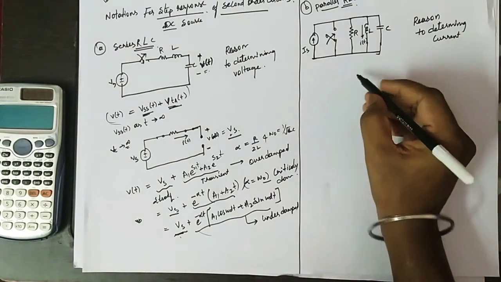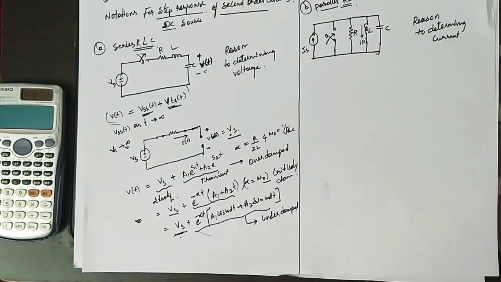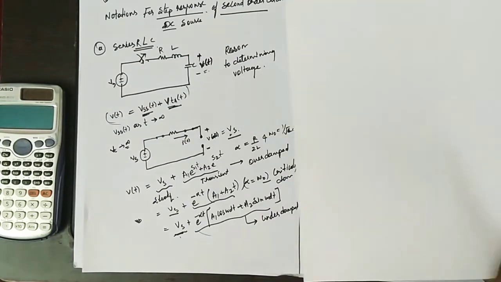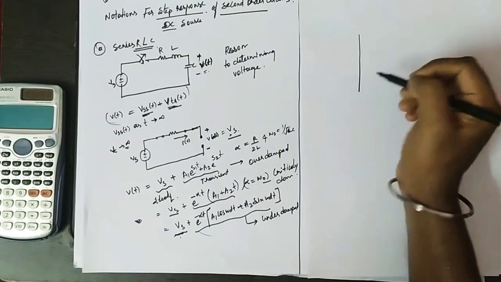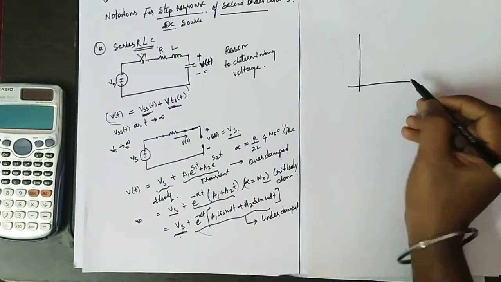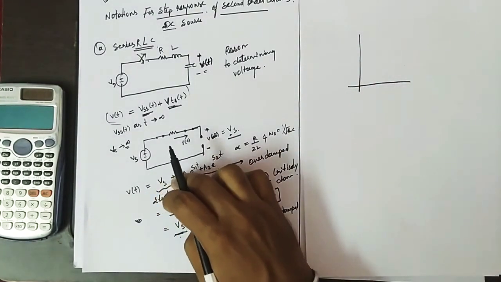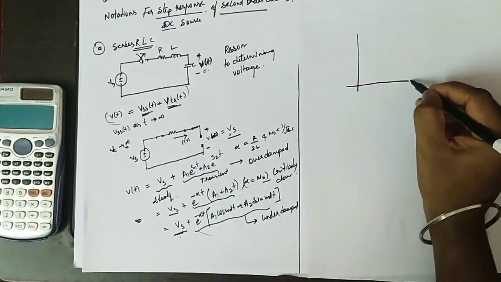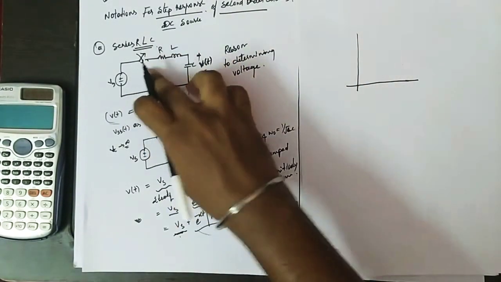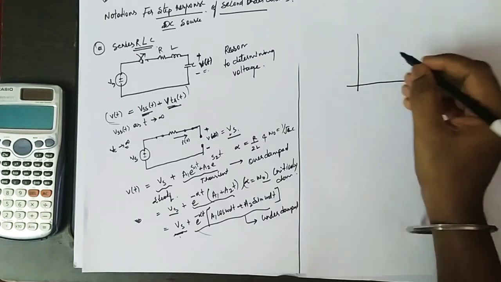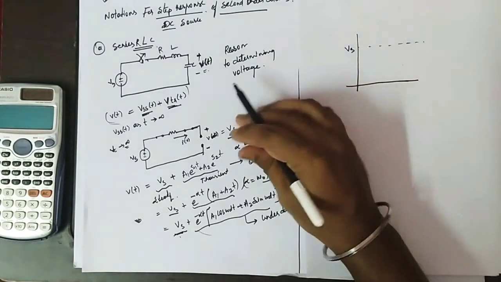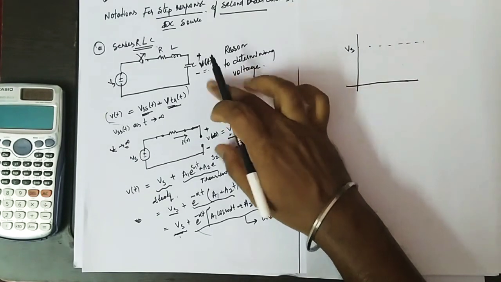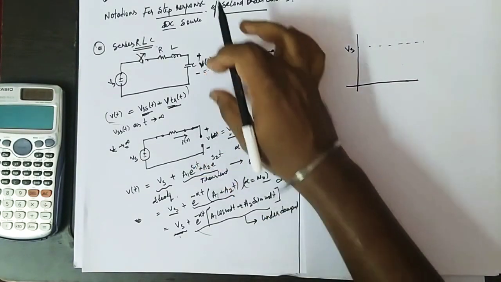And for the parallel response, we can draw it like this. If we want to write the steady state response for the RLC circuit with the source acting, all we need is the voltage across the capacitor that we are observing here.